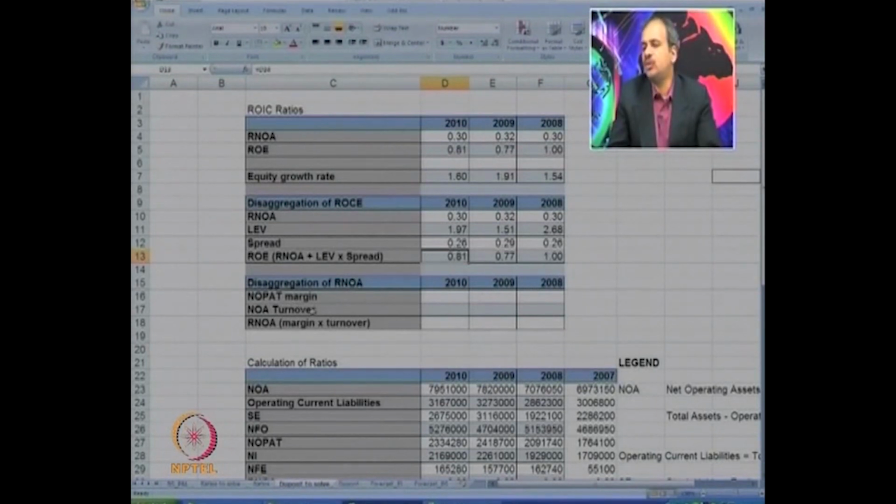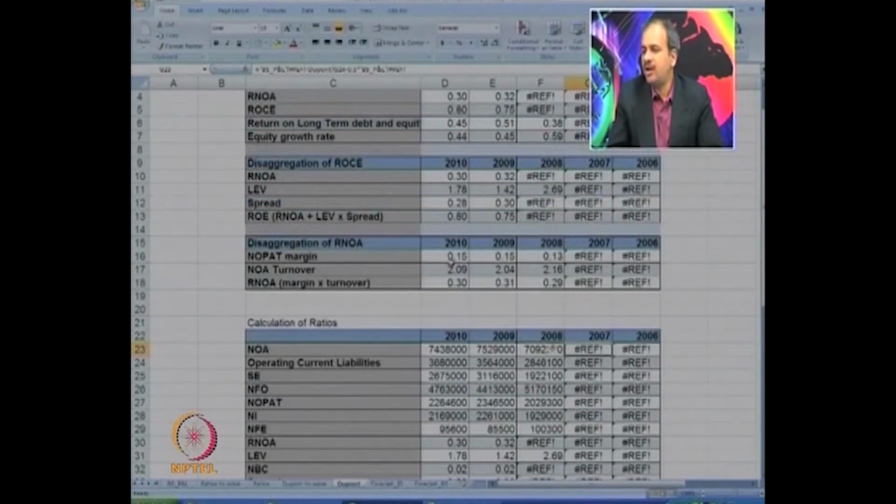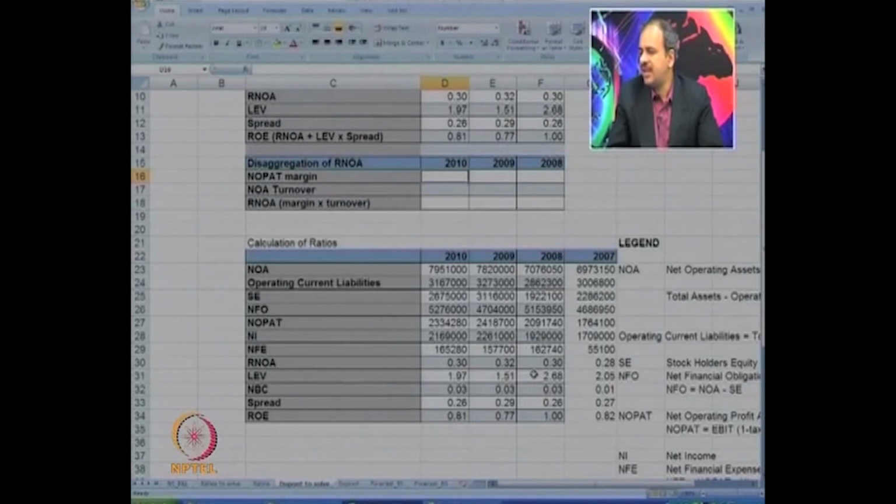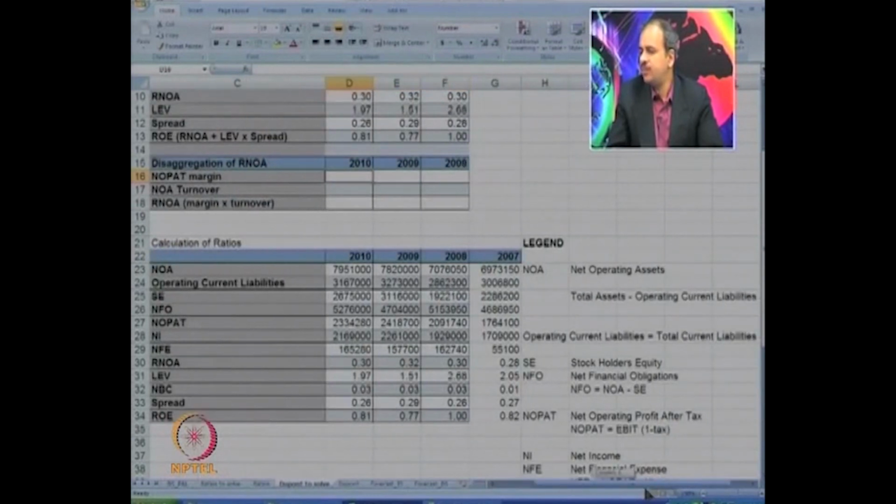We will also try to disaggregate the RNOA, which is the return on net assets, to see how the company is able to maintain that level of net assets. First, we will try to look at NOPAT margin. We have already calculated the NOPAT margin, so basically that figure is to be taken. You know that NOPAT has been calculated as net profit after tax.